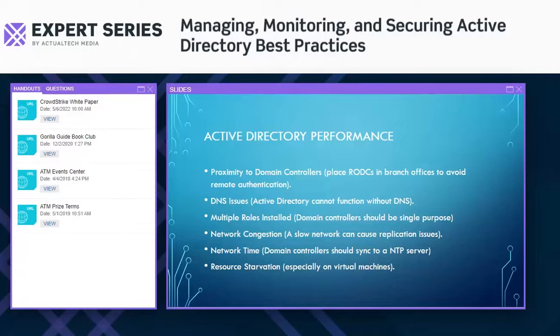Another thing, and I mentioned this a little while ago, is to make sure that your DNS servers are healthy, because Active Directory can't function without DNS. And if you're having health issues with DNS, or if your DNS servers aren't performing all that well, then Active Directory performance is probably also going to suffer.